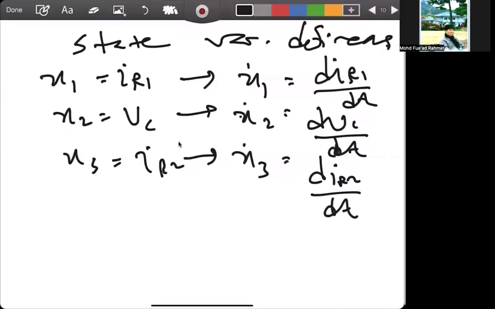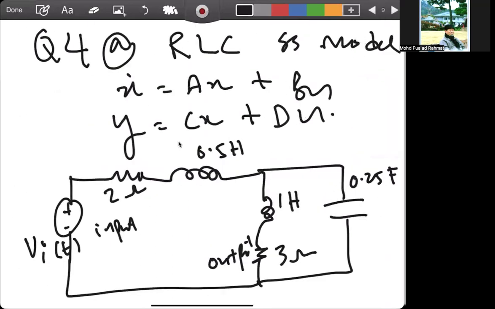Okay, so we start to derive the equations. Okay, so we have two loops here. Loop 1, loop 2. Okay?